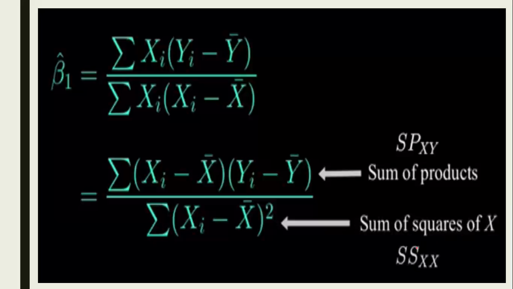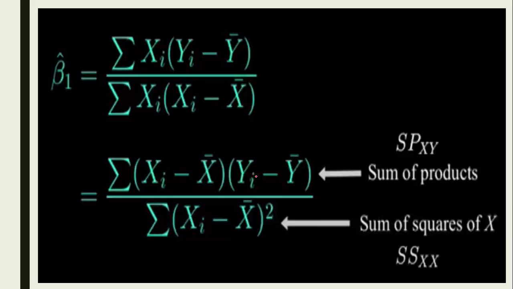If we calculate the sample variance of x completely ignoring y, that's called the corrected sum of squares of x and represented with SSXX. The numerator is the sum of the products of the x and y deviations, and this is the numerator of the formula when we calculate the sample covariance of x and y.